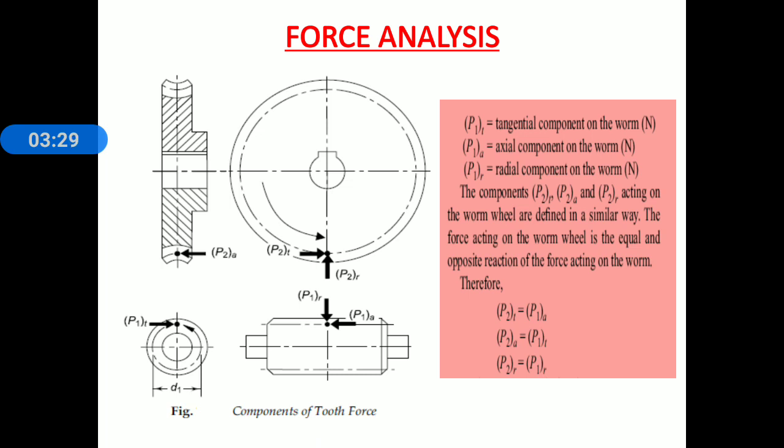Okay, now from the figure, tangential component of worm wheel, that is P2T, is equal to axial component of worm P1A, that is clearly shown in the figure. Axial component of worm wheel P2A is equal to tangential component of worm, that is P2A is equal to P1T. And the last, radial component of worm wheel P2R is equal to radial component of worm P1R.